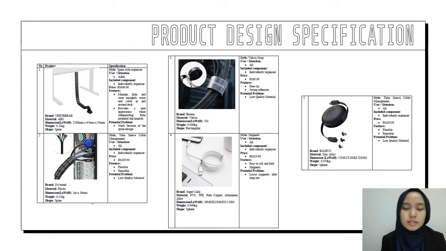This is the product design specification that I did throughout the 5 designs of organizer. Because of the design limitation in the market, I only managed to get 5 of them that have similar function, because the self-organized USB charger cable is a new design in the market.